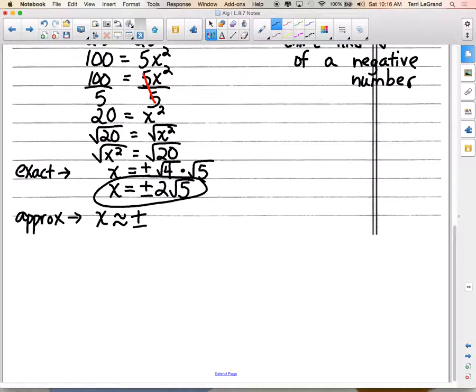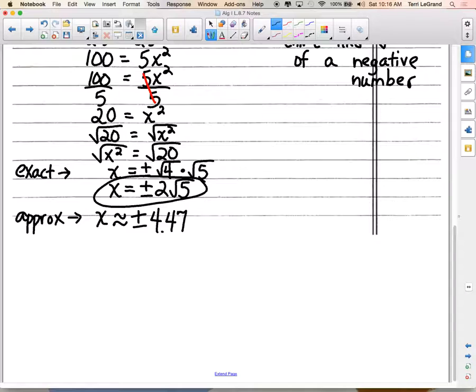It should read 4.47 with a 2 behind it in the thousandths place. Is 2 big enough to round that up to 4.48? No. So we'll leave it 4.47.